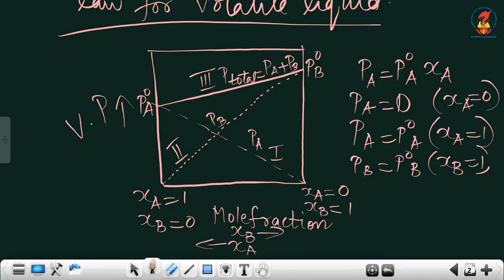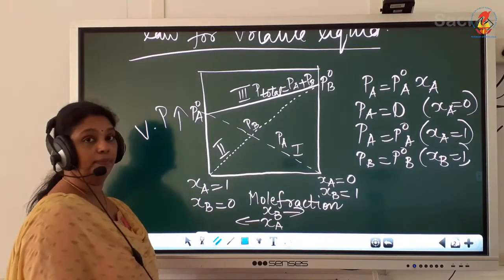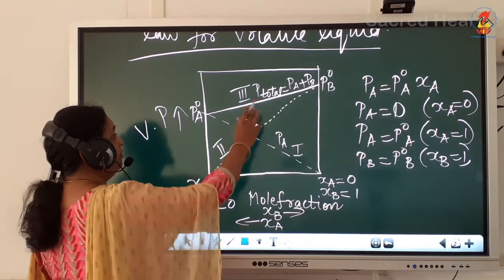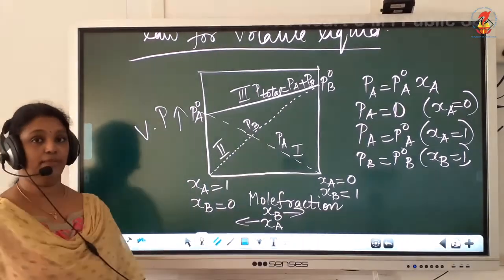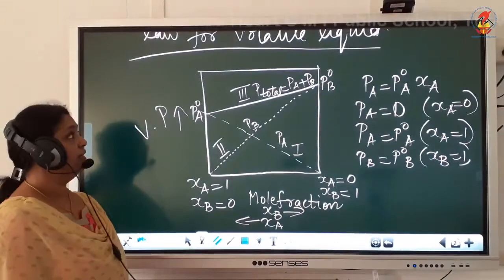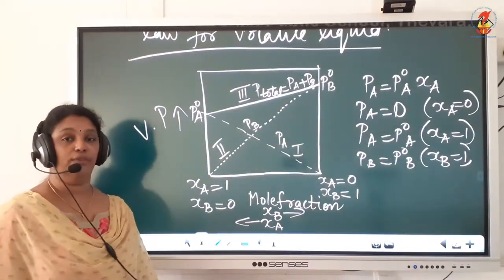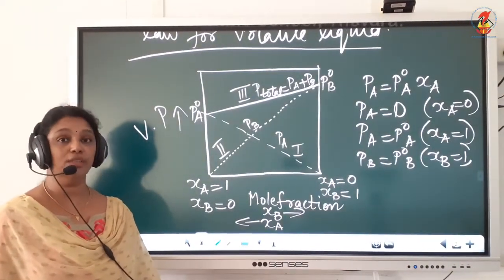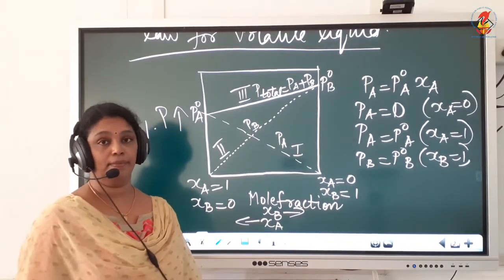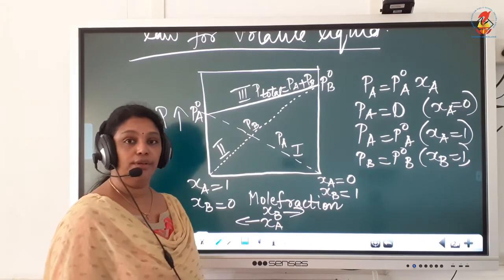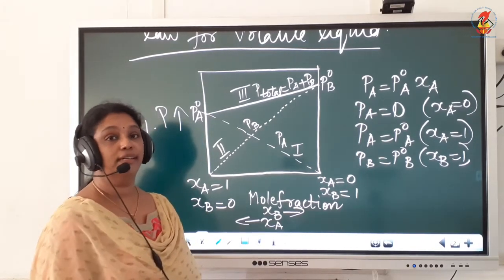By looking at the graph, we can see that component B is more volatile than component A. So the maximum value of P total is P0B and the minimum value is P0A. This is the graph for Raoult's law for a volatile liquid, meaning both solute as well as solvent are volatile.